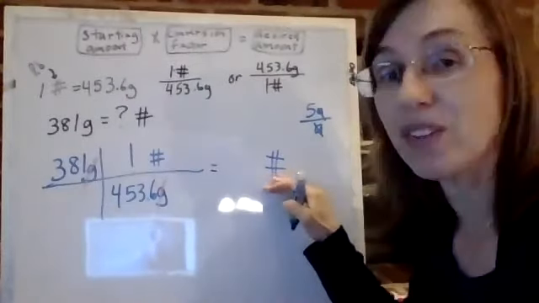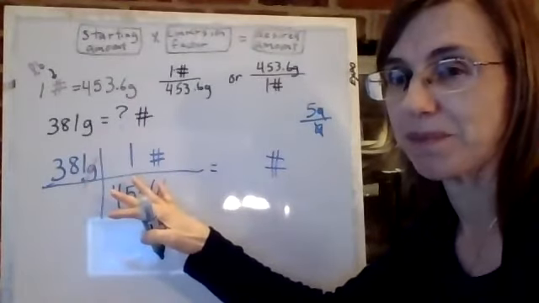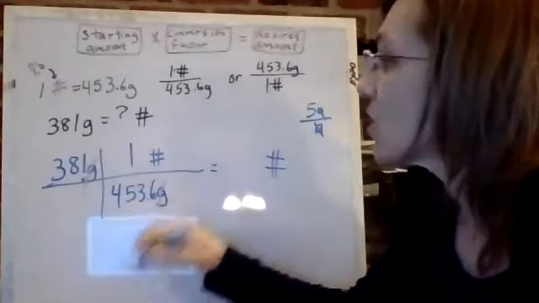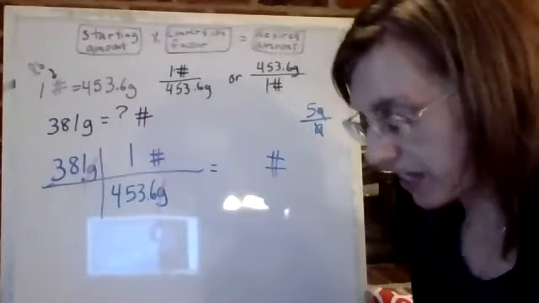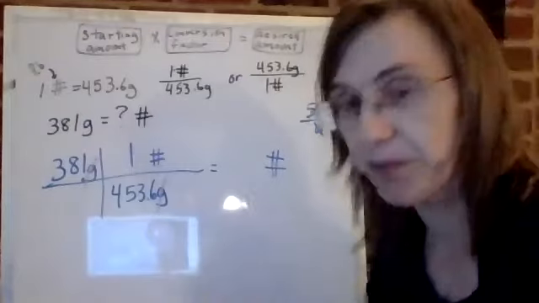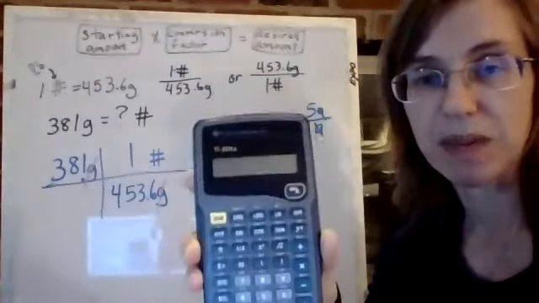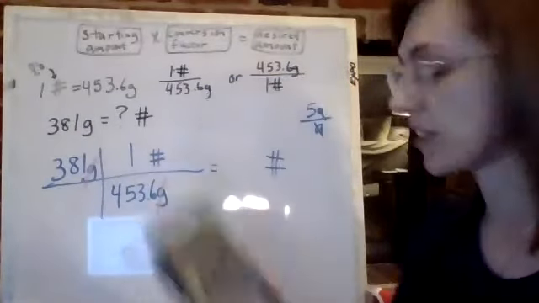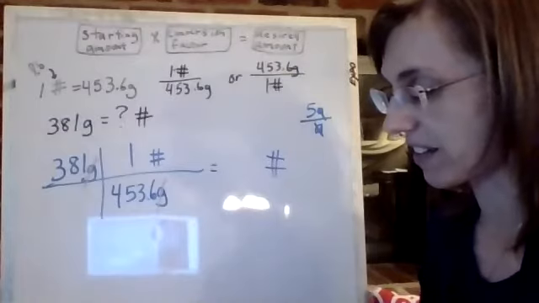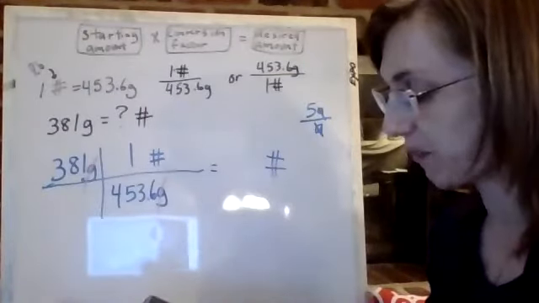So by doing this, we can also use these units as a double check that we did the math right. If we don't get the right units at the end, then probably we messed up somewhere in here. Okay? So this math will give us exactly what we need, the number of pounds. Now, don't forget, you're going to need a scientific calculator. This is what my scientific calculator looks like. And we're going to just type these guys into our calculator. You'll become very familiar with your calculator by the end of the semester.